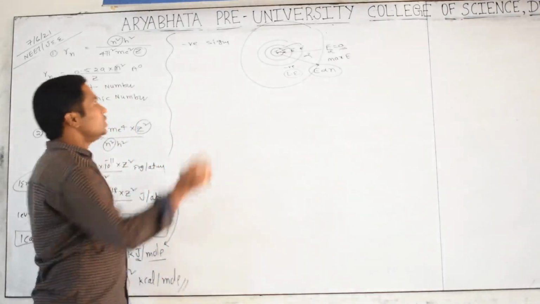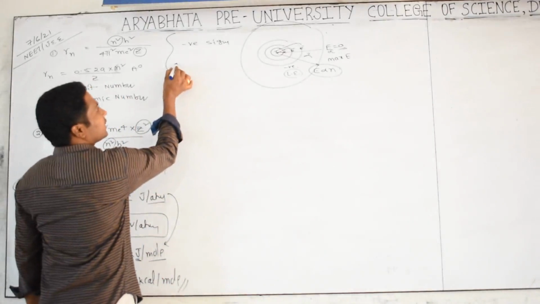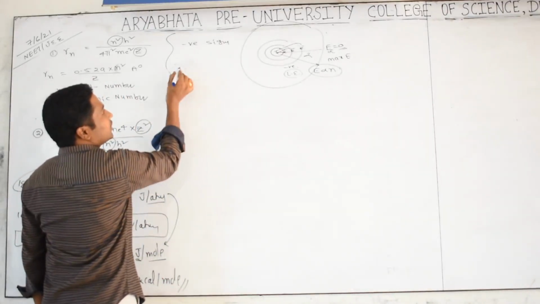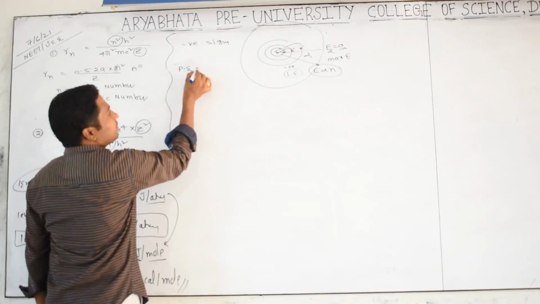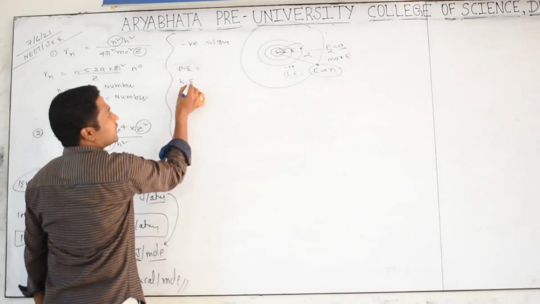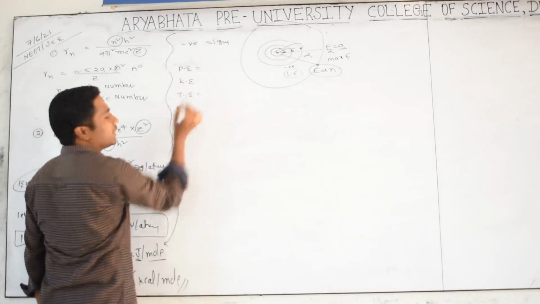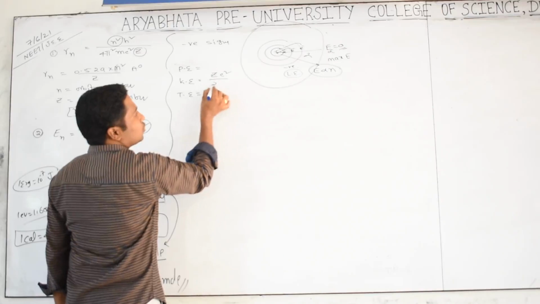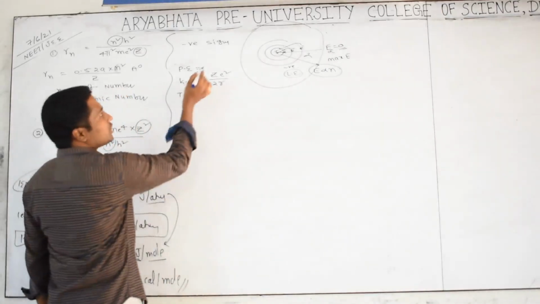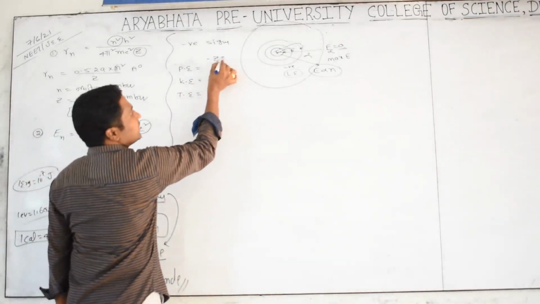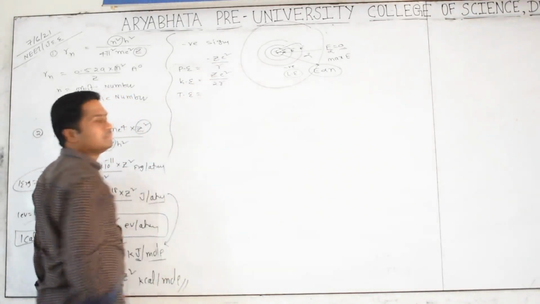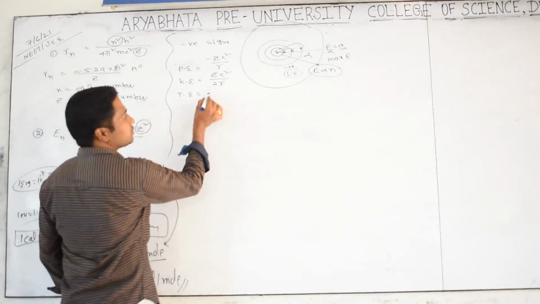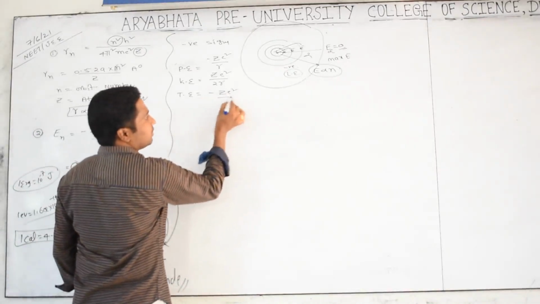Are you clear? So here I want to tell you one thing. Energy of the nth orbit: potential energy, kinetic energy, as well as total energy. This is also important. Kinetic energy is ZE square by 2R. Potential energy is equal to minus ZE square by R. Total energy is minus of ZE square by 2R.